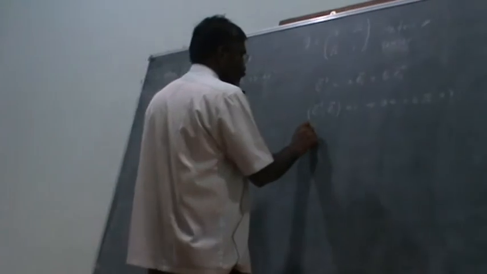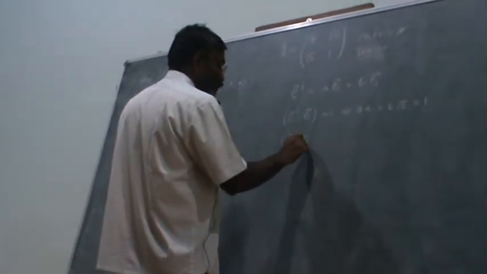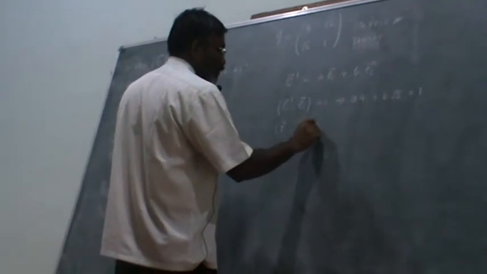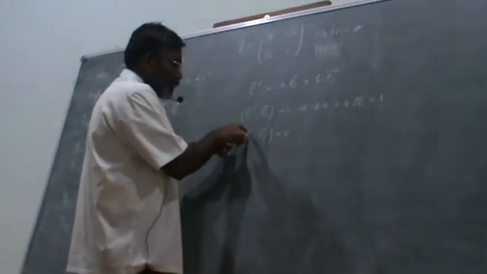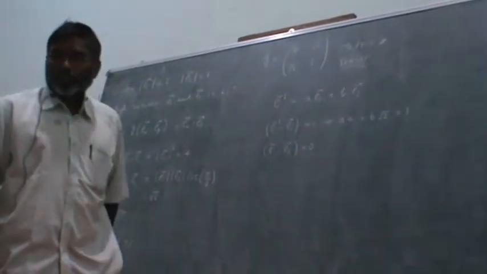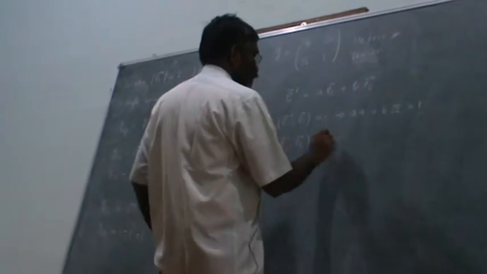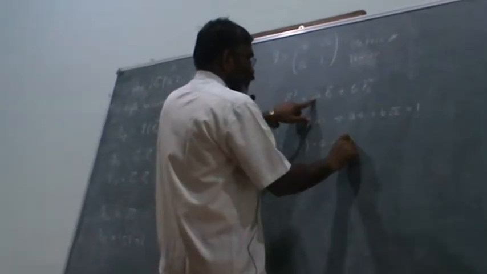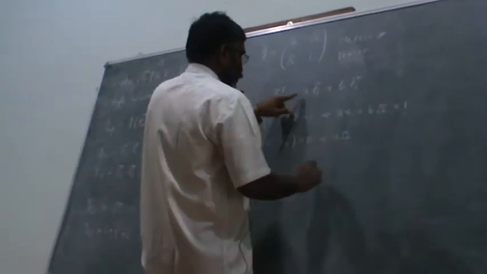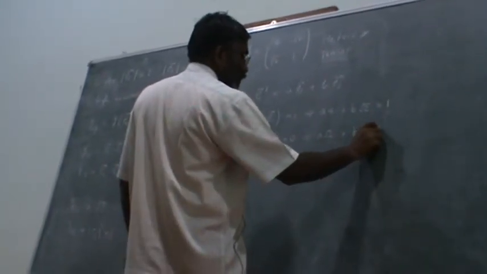The second equation is E1 tilde comma E2 should be 0. This is the definition of this one form basis. This implies A times root 2 plus B is equal to 0.